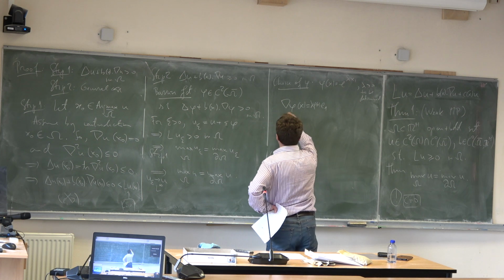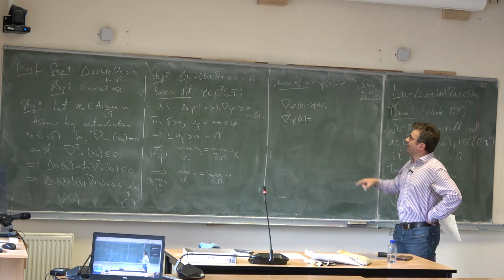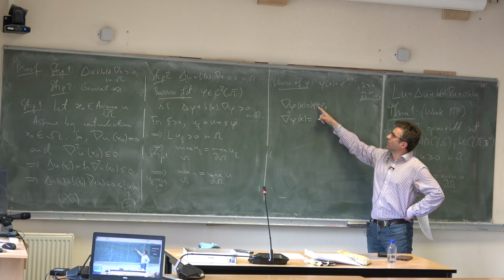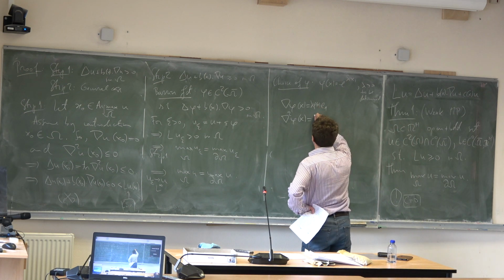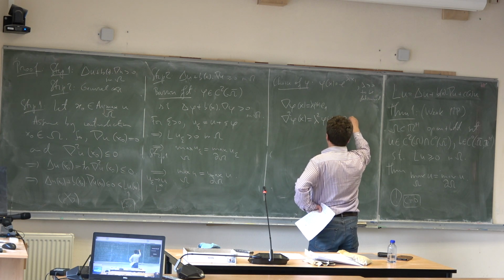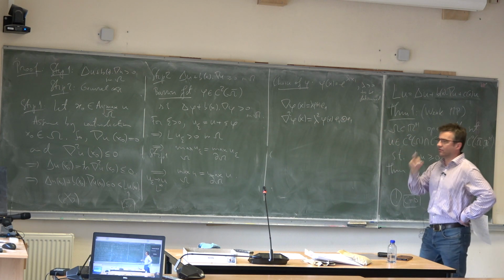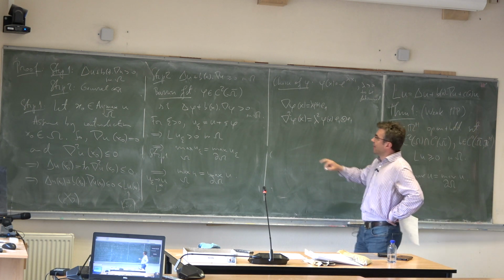So now you take the Hessian. In the Hessian, when you differentiate again, you will just see the first entry. So that's lambda squared phi of x, times a matrix that is 1 in the first entry and 0 elsewhere, right?